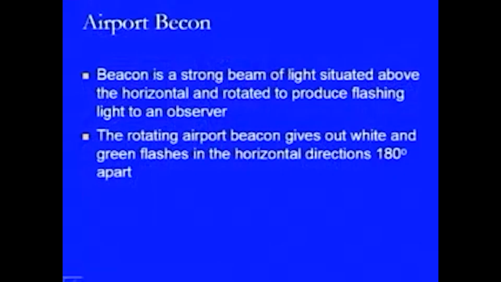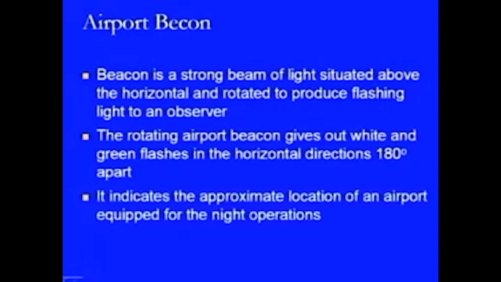The rotating airport beacon gives out white and green flashes in the horizontal directions 180 degrees apart. These are the two colored lights which come at an angle of 180 degrees. It indicates the approximate location of an airport which is equipped for night operations.